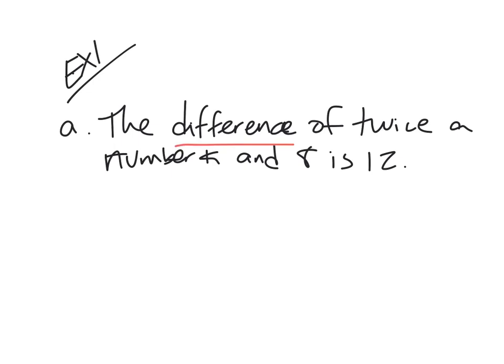What does the word difference mean? Subtraction. Twice a number, K, means we're going to have the letter K. Twice the number K means I'm going to do what? Multiply. Times what? 2, because we want 2 Ks. The difference of twice the number K and 8, so 2K minus 8.